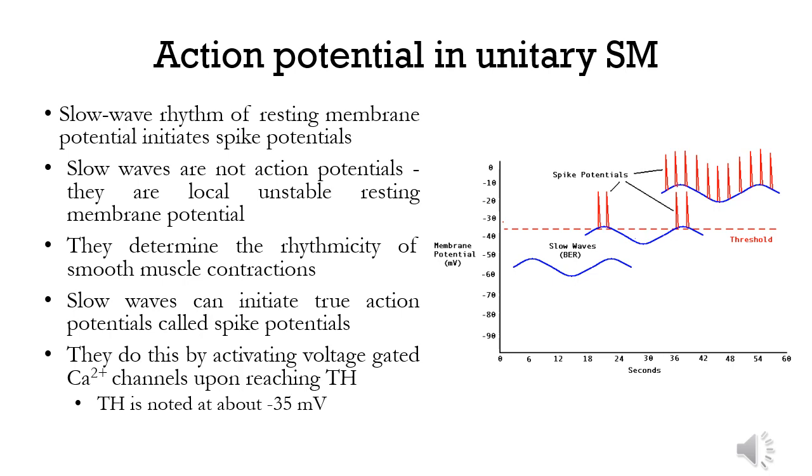The mechanism there is, once they hit threshold, there's activation of voltage-gated calcium channels, which then allow an influx of calcium around negative 35 millivolts, and this is what causes the further depolarization within the smooth muscle.